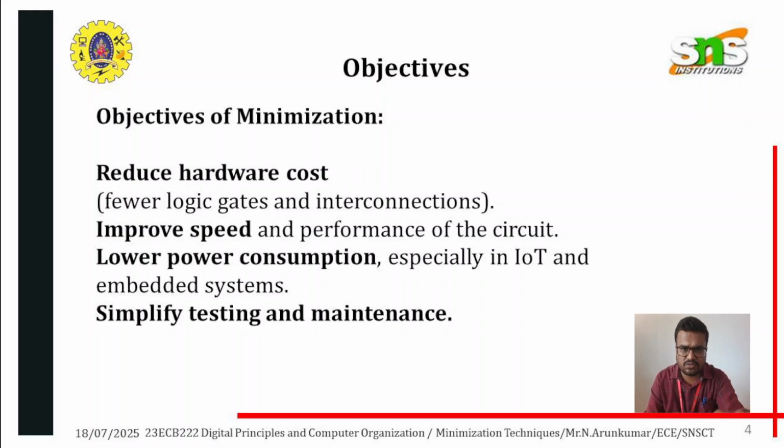The cost also decreases because each gate requires some cost, so that we can use it in more applications. And it improves speed, because if the device fails, then automatically the speed also reduces. We need to check the speed also.